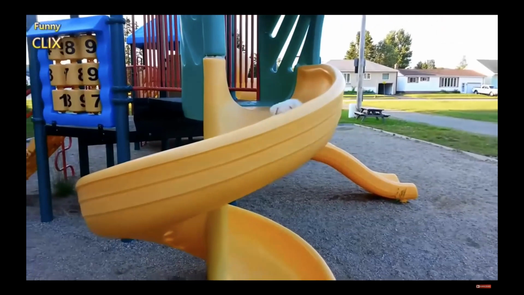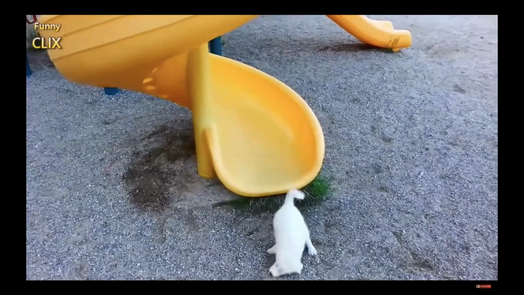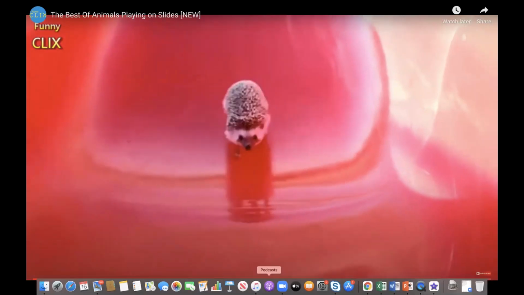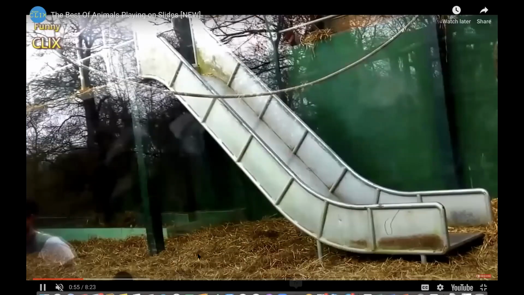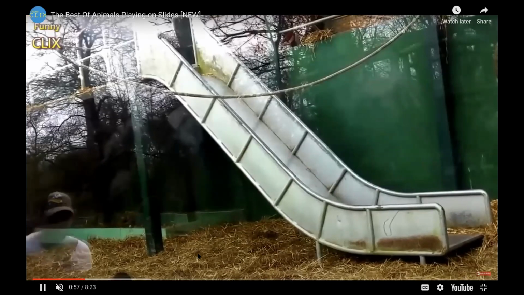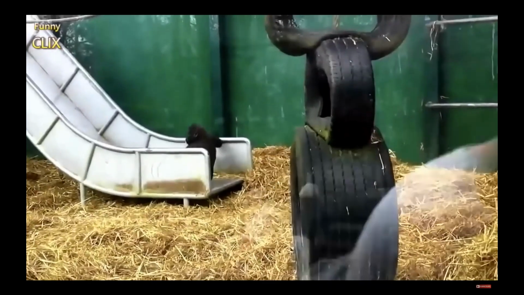So lots of inclined planes that you can find at a playground. This one is a gorilla sliding down a ramp.